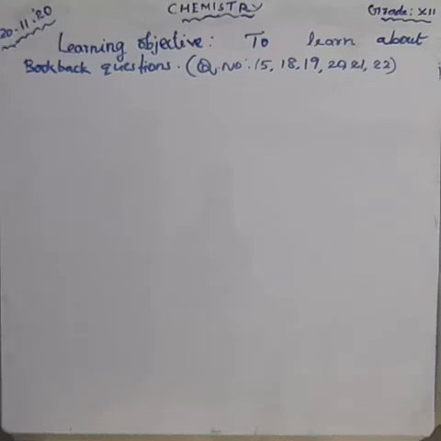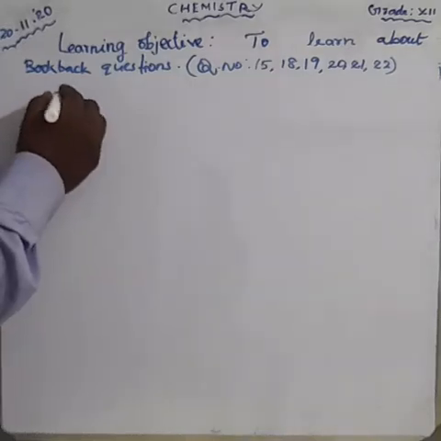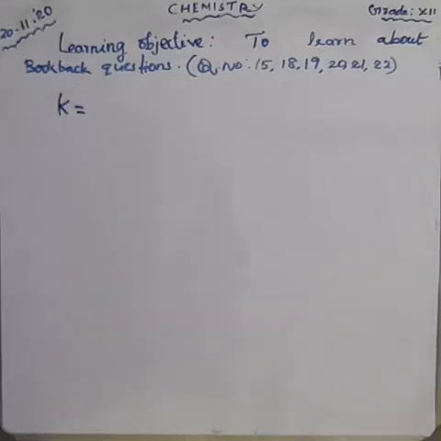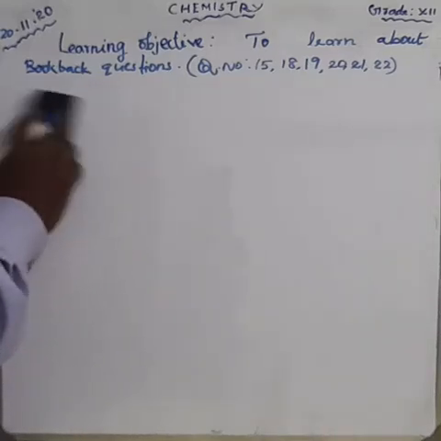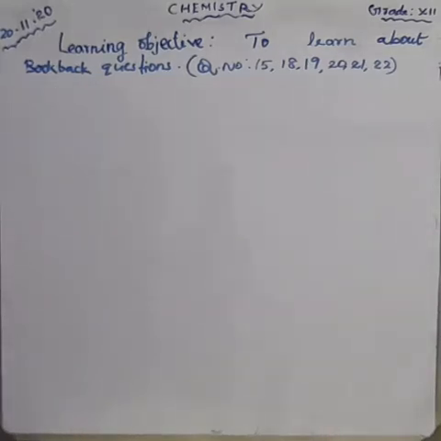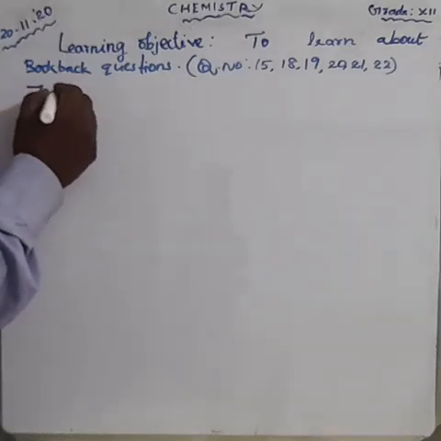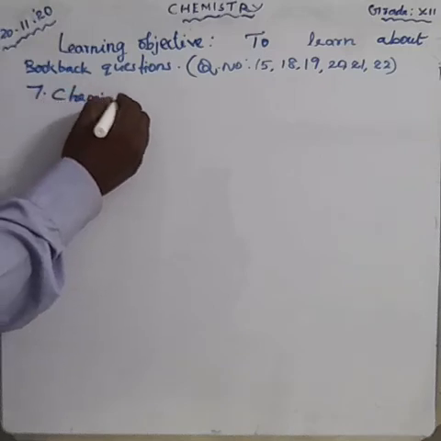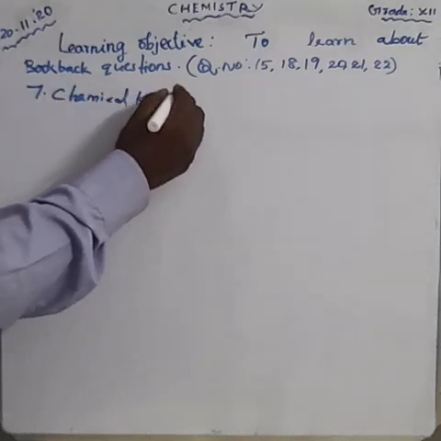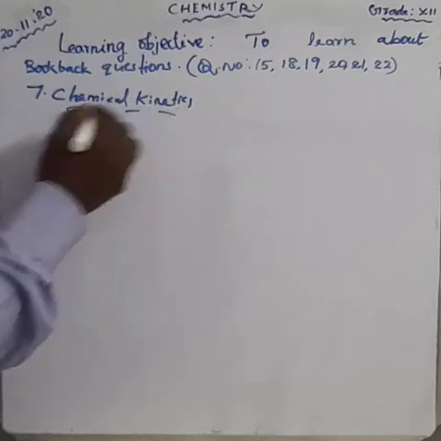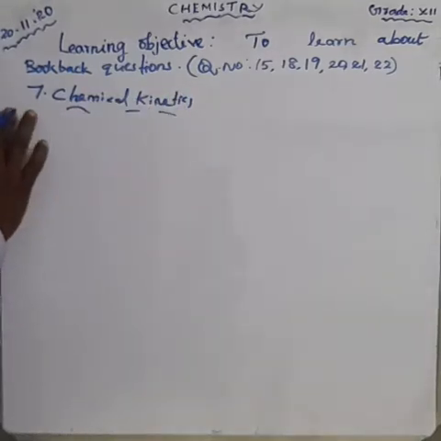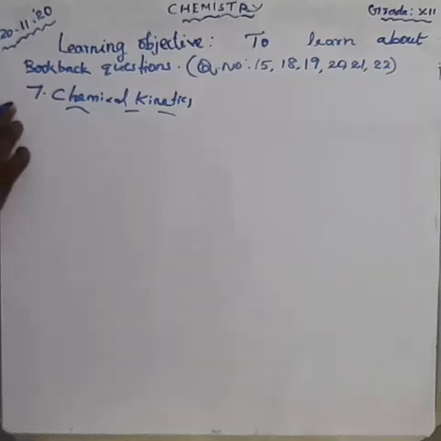First write the formulas. What are the formulas given? You should be writing the rate constant K. First of all, you should write the question number. The question number is 15. That is lesson 7, chemical kinetics, book back question, page number 230.